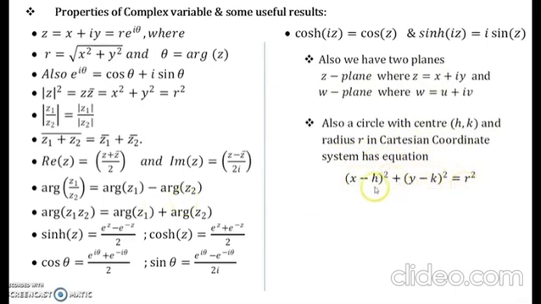Here h and k are the center and r is the radius of the circle. And it is represented in the z plane as modulus of z minus (h plus ik) equal to r.